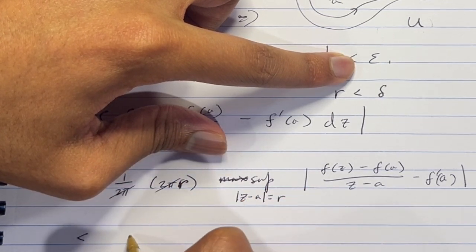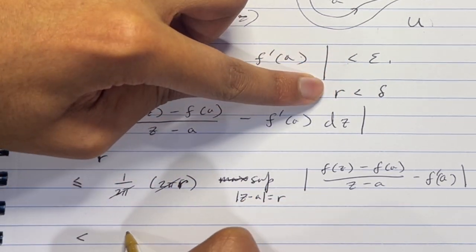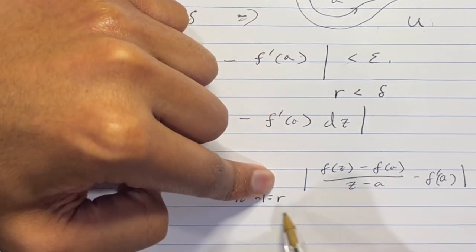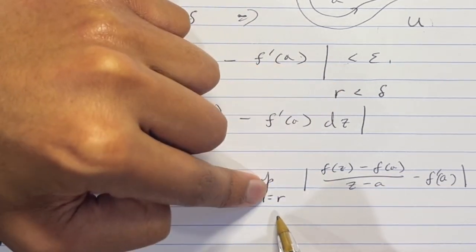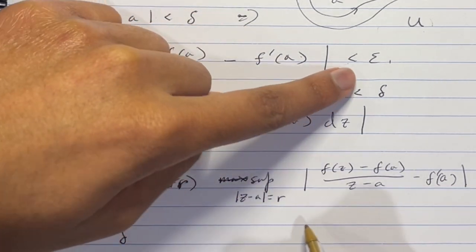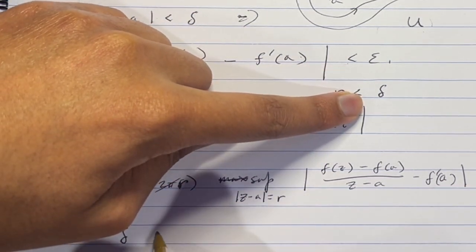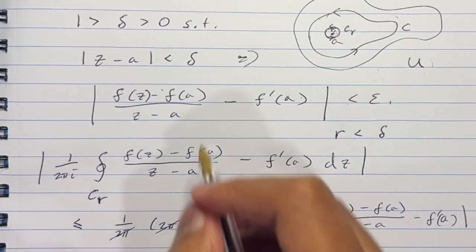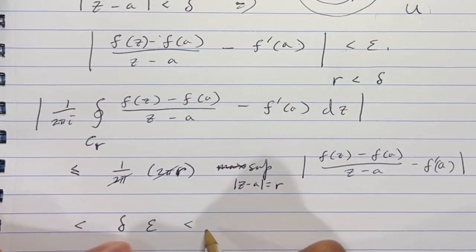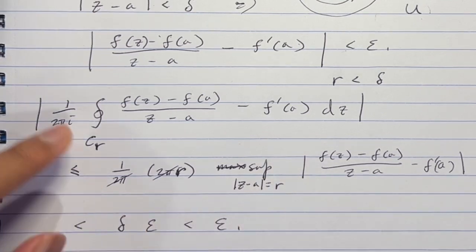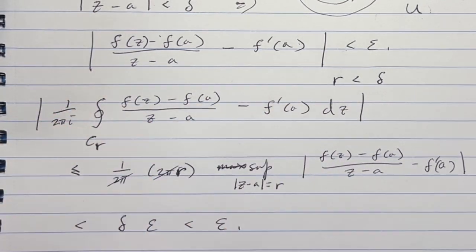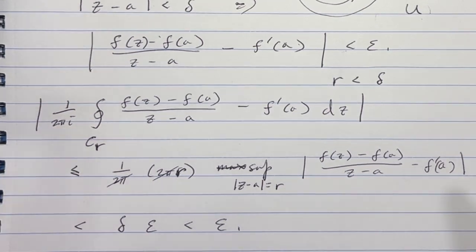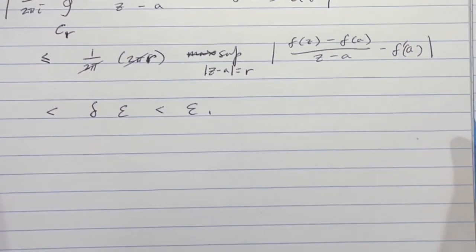Since r is less than delta, instead of r we can replace it with delta, and using this we get it's less than epsilon. And because delta is less than 1, this product is less than epsilon. So this is less than epsilon for every epsilon, which means this whole thing is 0. Hopefully that made sense so far.